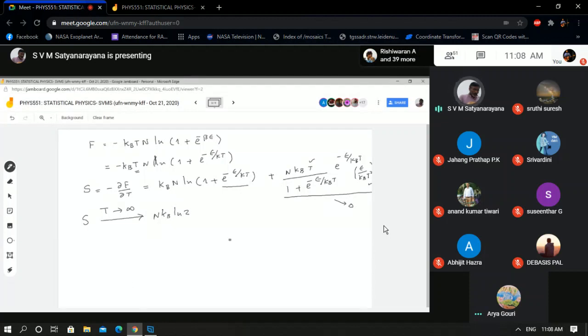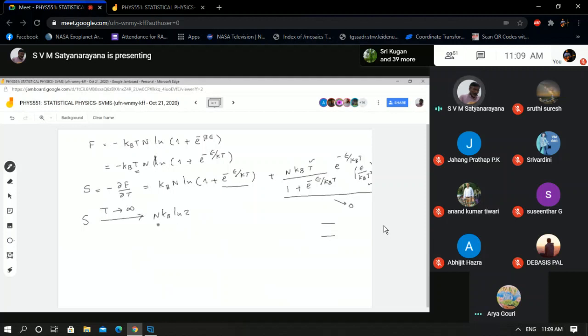Now this is understandable because each particle has two levels. And at infinite temperature, what happens? Both of them become equally probable. Correct? Yes, because the probability of this one is the same as that one at infinite temperature. So it is like having two possibilities, head and tail, which are equally probable.